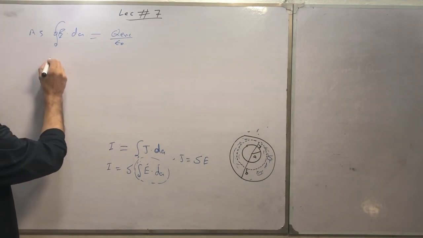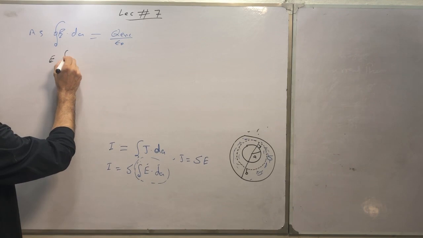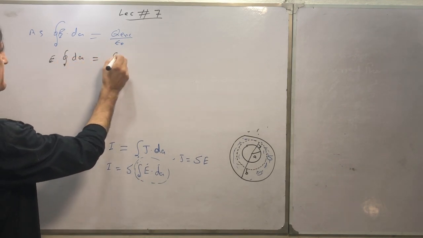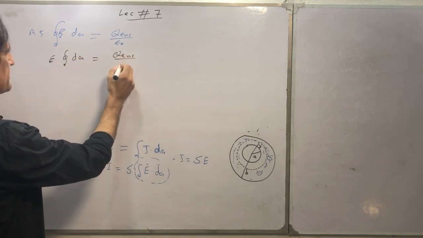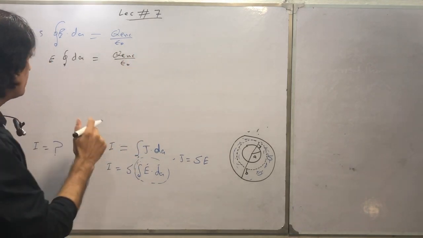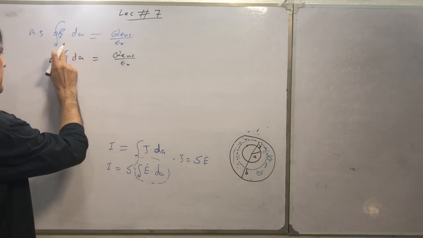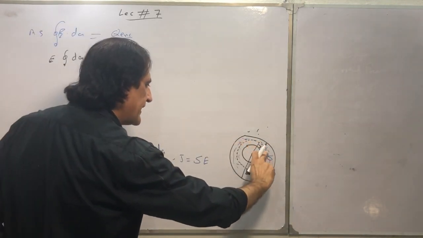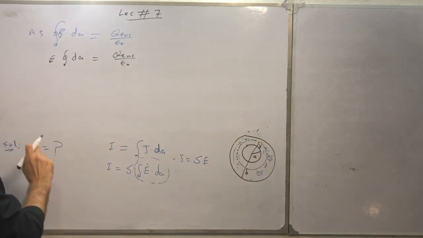Then E dA is equal to the charge enclosed divided by epsilon naught, where the charge enclosed is Q. And what is the area of this Gaussian loop?